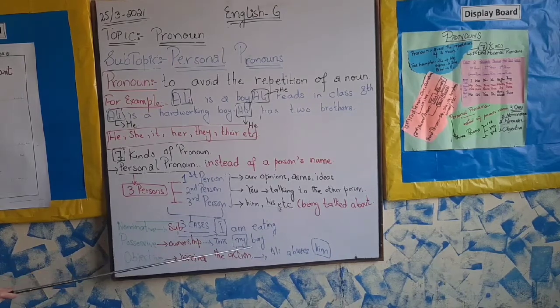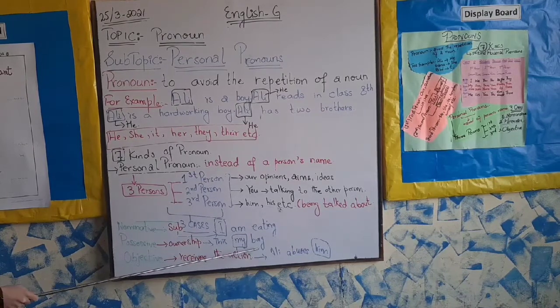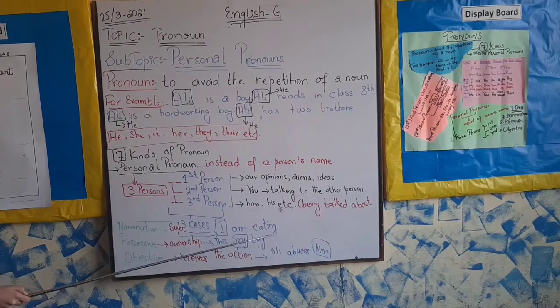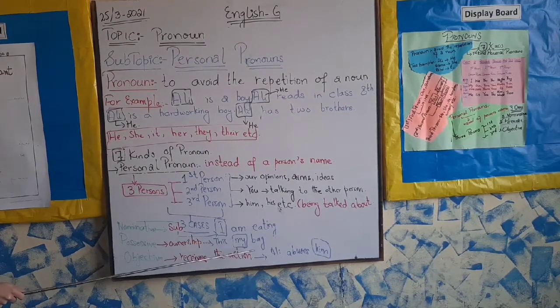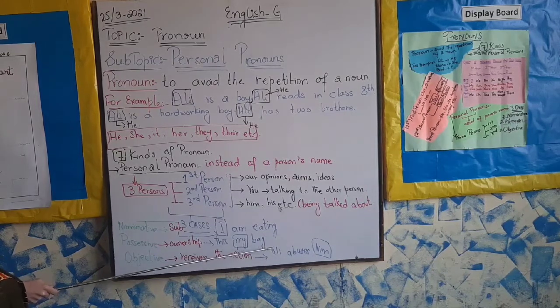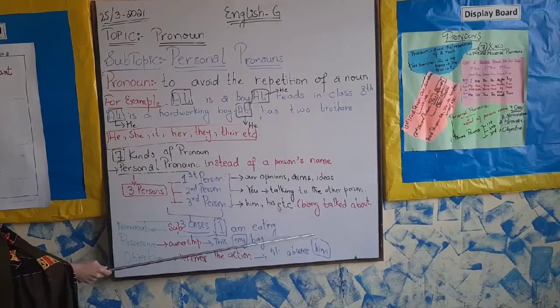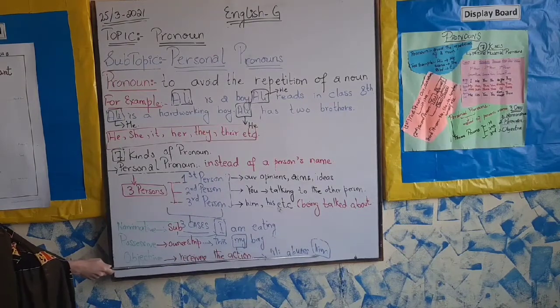They hated us, so they are performing the action, and that action is received by us, that we are suffering from their hate. So it is objective case. Ali is performing an action, it is nominative case, and his action that he is abusing is received by him. So it is objective case.